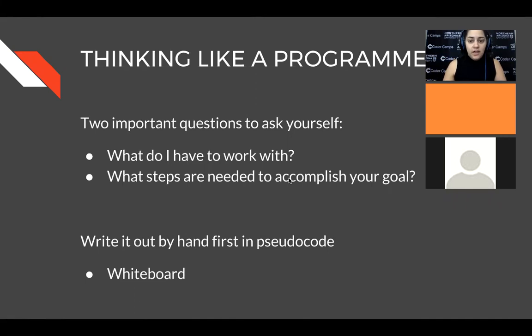Pseudocode essentially is fake code. It's like an outline of your program. So write it out by hand first, see what you have to work with, what steps you need to accomplish your goal, and then outline it. After you're done outlining it, you'll see, okay, this is how I have to write my code, and it will fall into place a lot more easily.